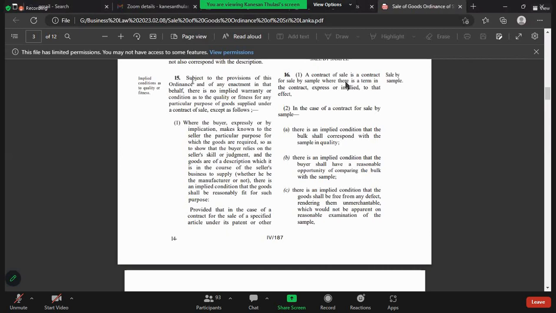Subject to the provisions of this ordinance and of any enactment in that behalf, there is no implied warranty or conditions as to the quality of fitness for any particular purpose of goods supplied under a contract of sale, except as follows.